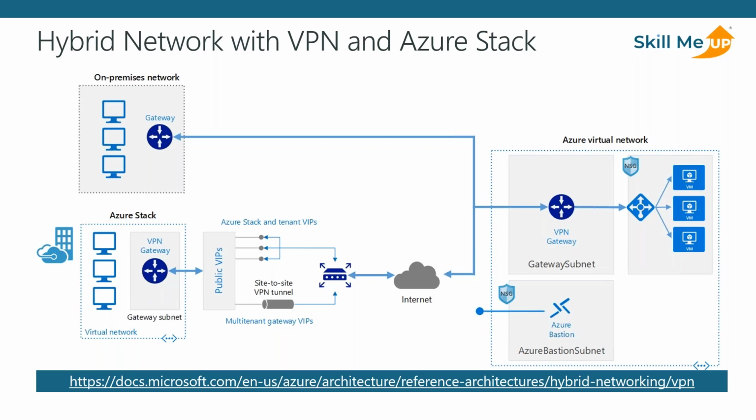And again, same with the on-premise network, it's going through the internet and then can get into the Azure environment here. And in the Azure environment, in this particular scenario, we really only have two VNet setups here, one the gateway subnet and the other the VNet that the virtual machines are on.